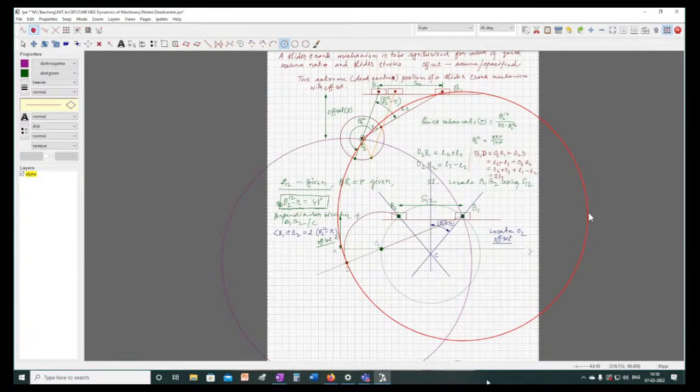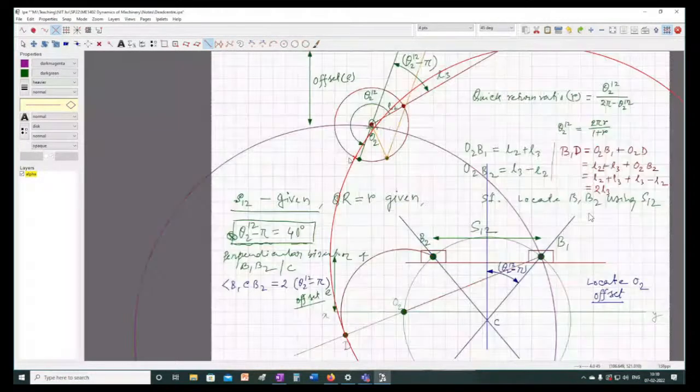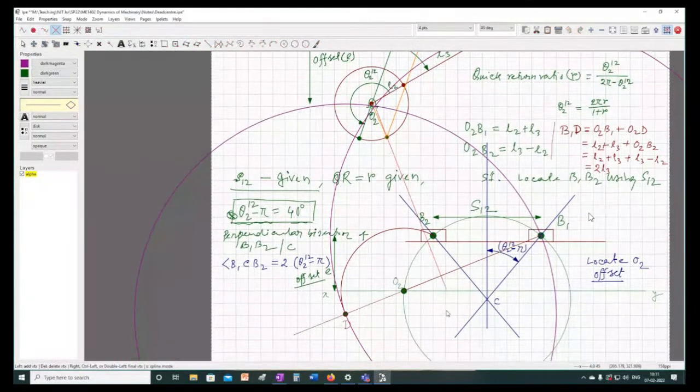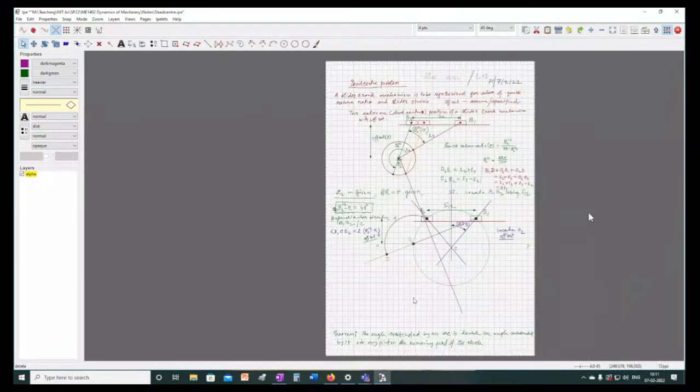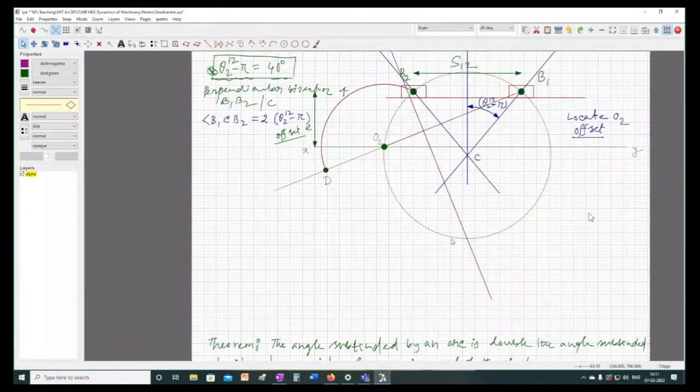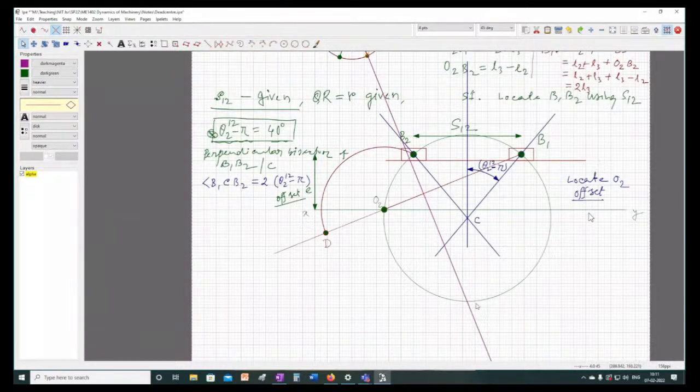This can serve our purpose. So let us join these intersection points. This is one of the intersection points, and the other intersection point is here. Now we have the perpendicular bisector.